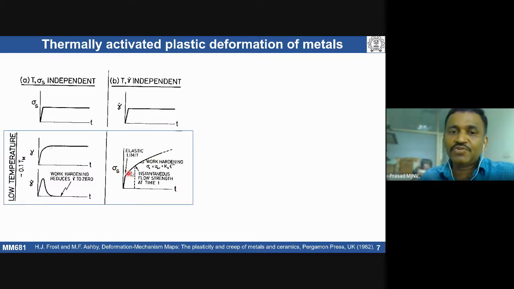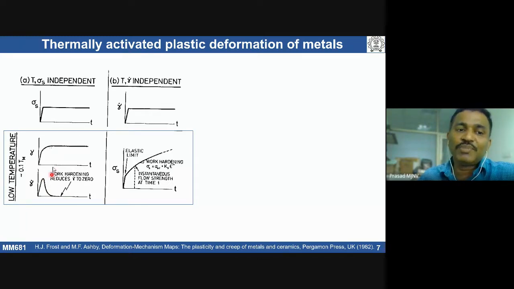We do see work hardening in the material. In case of a creep test, if you maintain constant stress at low temperature, initially there will be a slight increase in strain, some amount of strain. Afterwards, we don't see much change in the strain. If you look at the strain rate, it slightly increases, then comes down and becomes 0.